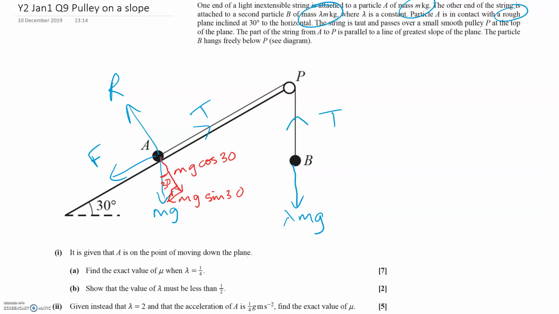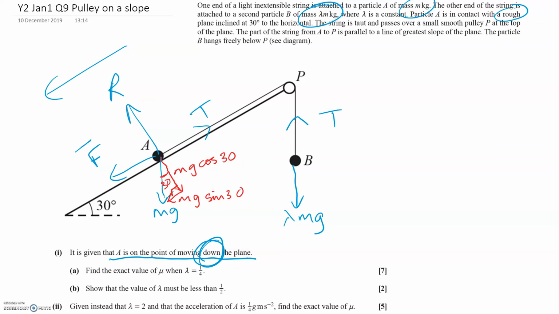If we look at the question, what's it actually asking us? It says A is on the point of moving down the plane. Oh, right. I thought that A was going to be going up the plane, which is why I drew the friction in this direction here. But it appears I was wrong, and it's actually trying to go down the slope in this direction.